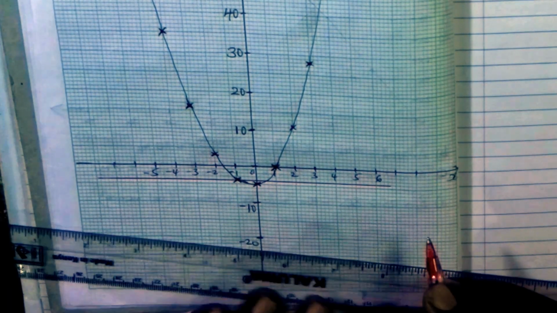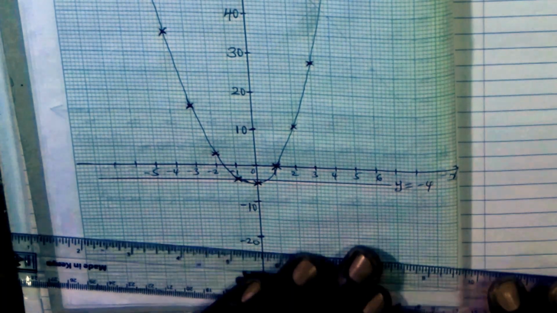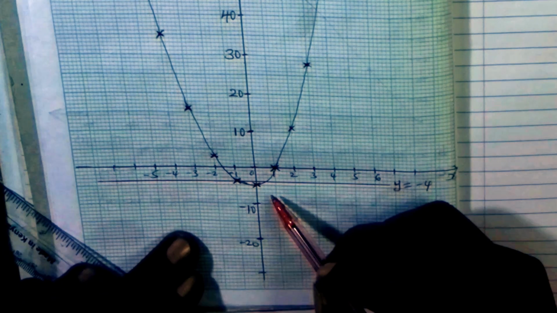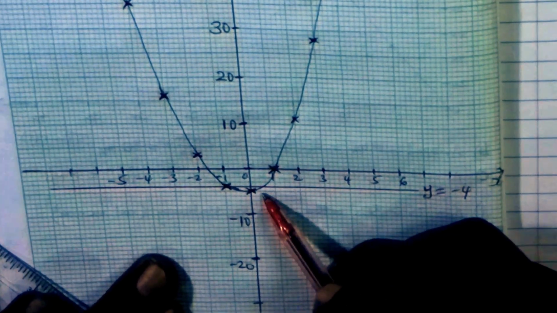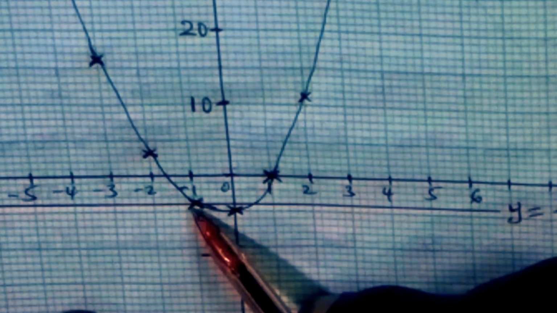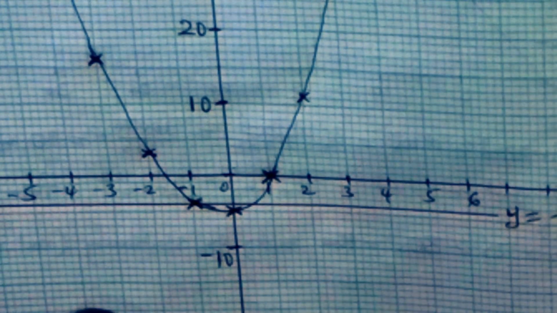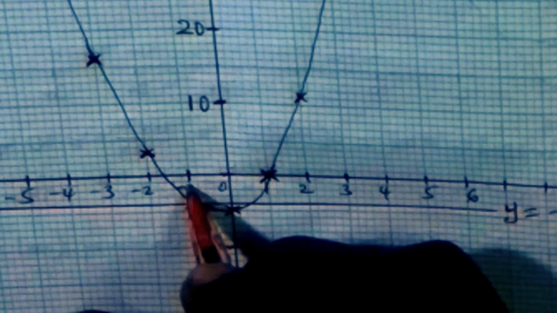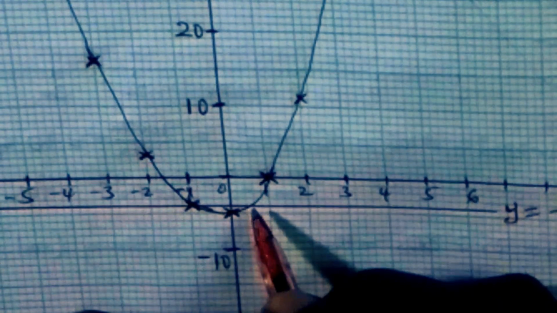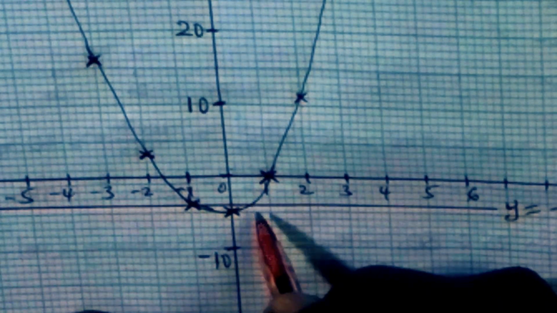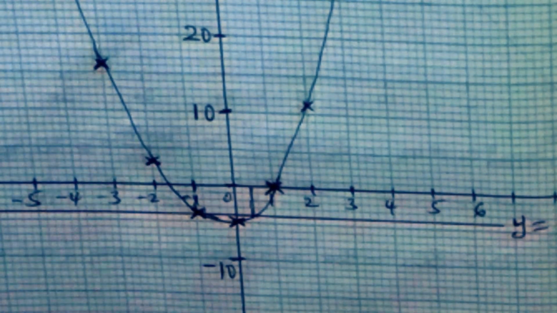That is the line, I can label it y is equal to minus 4. So where it cuts the curve or that graph, we read the values of x. So at those particular points, that's what we are going to read.